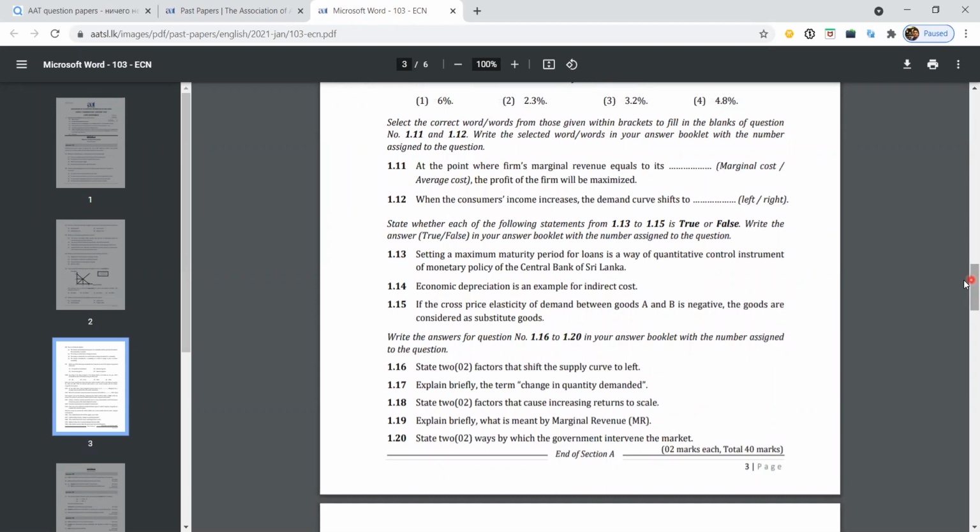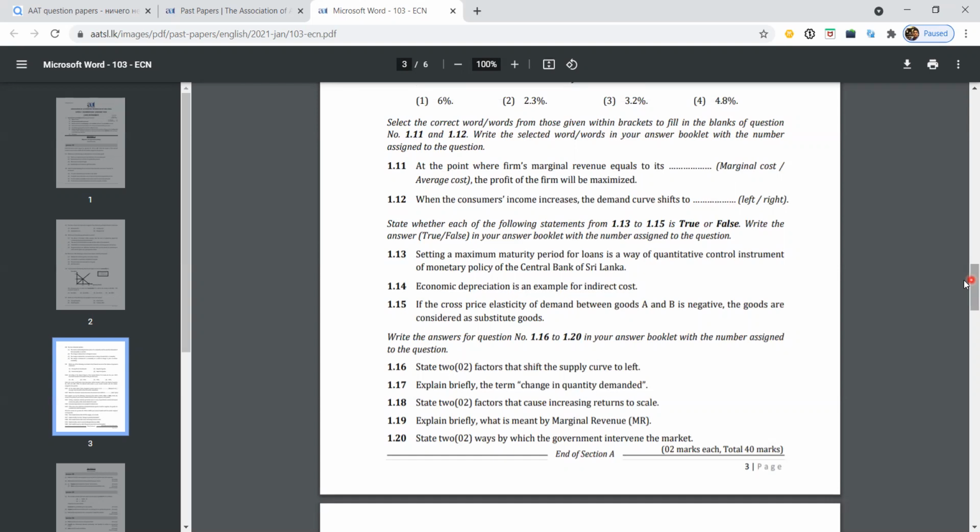State two factors that shift the supply curve to the left means supply decreases, right? The supply curve shifts to the left due to any factor other than the price of the good itself. The first factor is increasing cost of production.